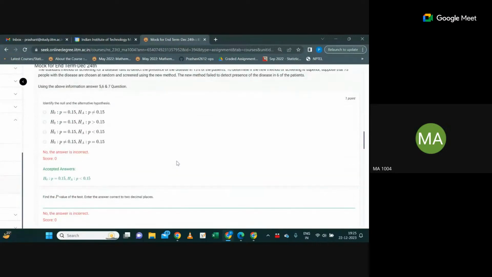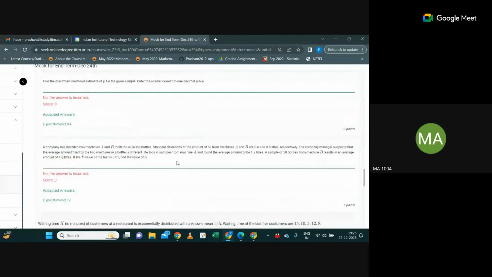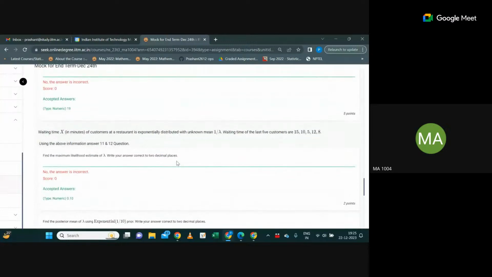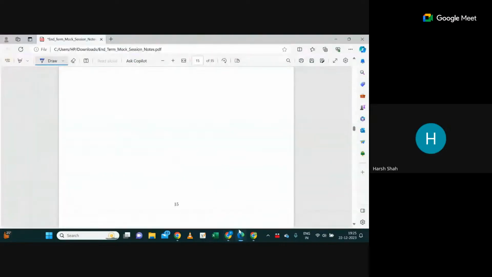Next question, I think it should be question number 11 and 12. We are given that the waiting time in minutes of customers of a restaurant is exponentially distributed with unknown mean 1 by lambda. So if the mean is 1 by lambda, the parameter is lambda.